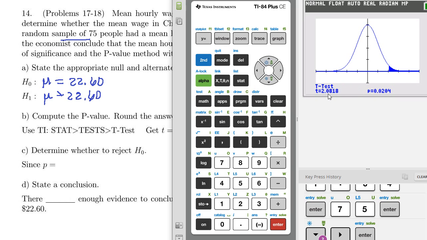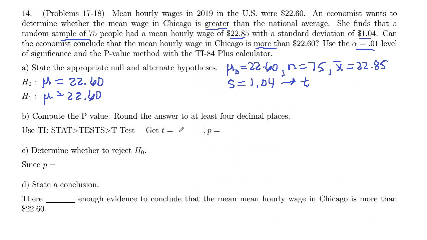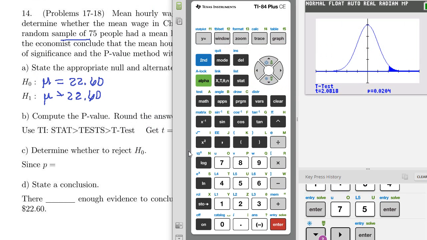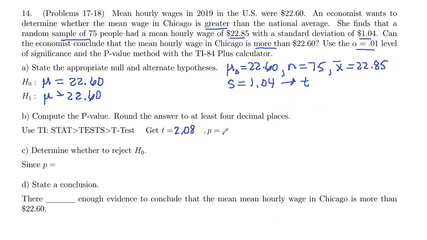Our t is 2.0818, and p is 0.0204. So t is 2.08. And then our p-value, 0.0204. So we need 4 decimal places here, not necessarily here.